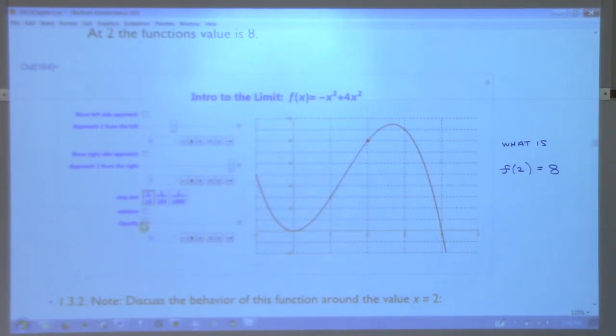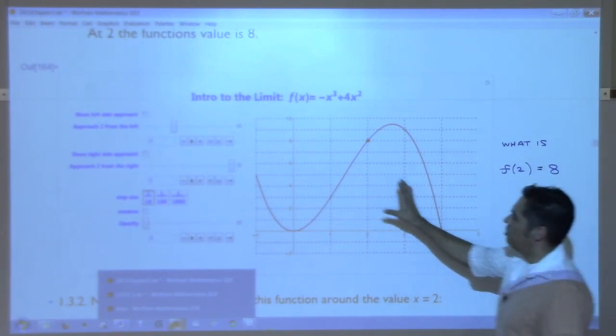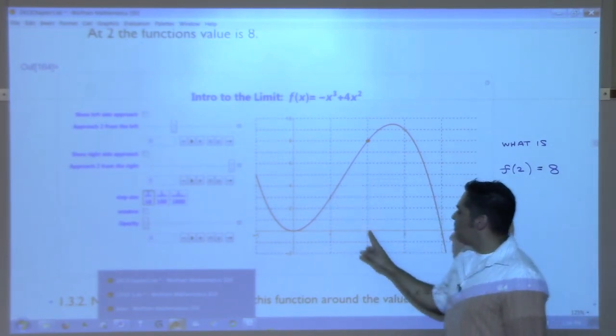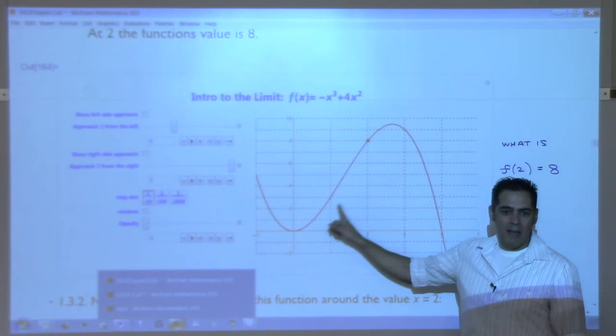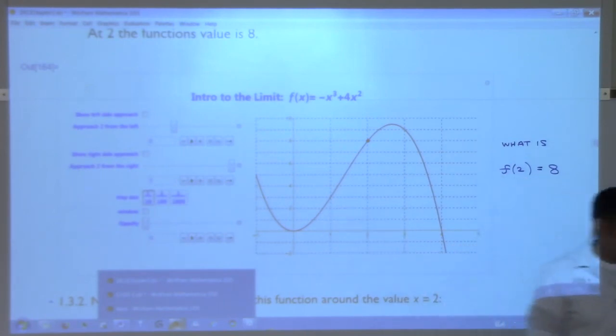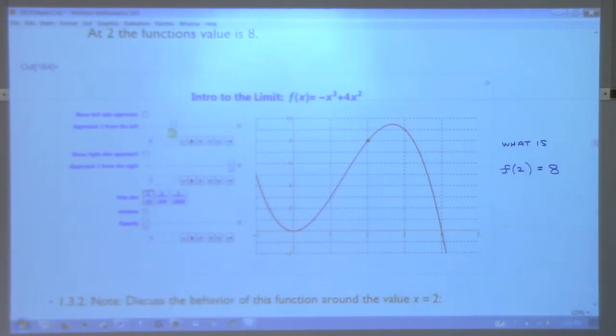Now, I have another question. What is happening to the function as I approach 2 from the left-hand side? Let's visualize this. Imagine you are moving along the graph like on a roller coaster, and you see yourself coming in here.